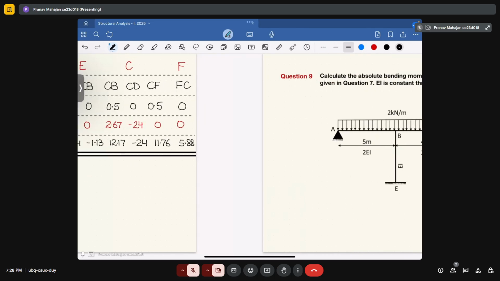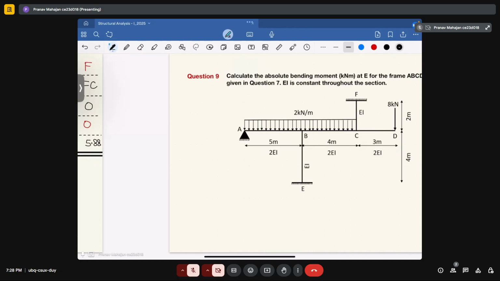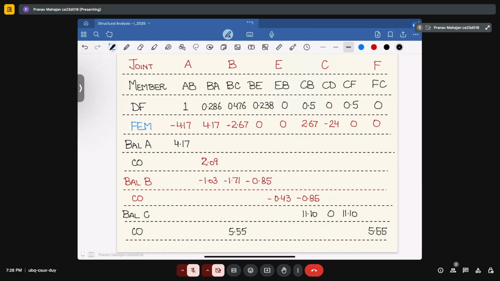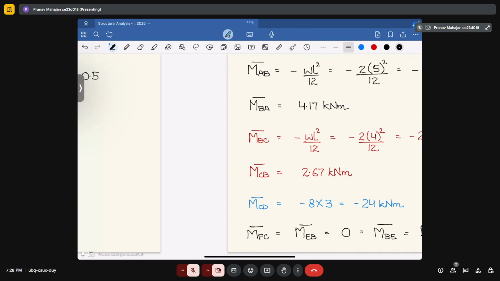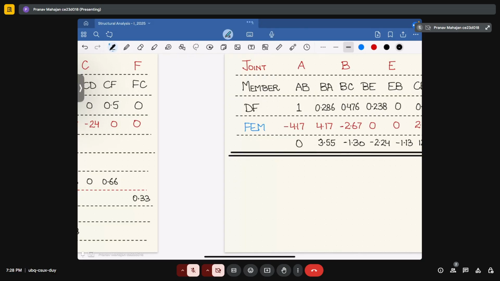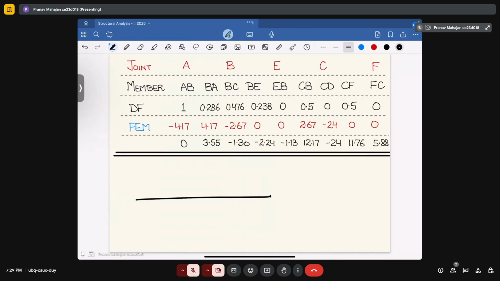Okay, now the next question is telling you, in this question also one thing is mentioned, you have to calculate the vertical shear at support A. So for calculating the vertical shear at support A, we will make the free body diagram of the section. In this, let's mark the vertical reactions, this is your VA, this is your VB.